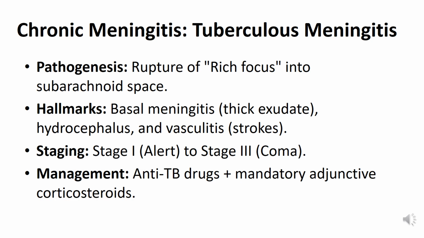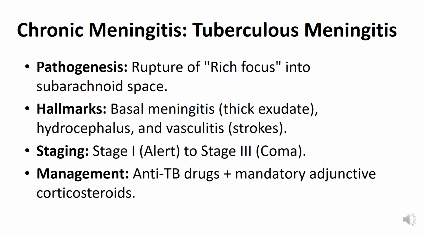Adjunctive corticosteroids are considered mandatory because they reduce excessive inflammation, decrease cerebral edema, and improve survival while lowering the risk of long-term neurological complications. The key message is simple. Think of tuberculous meningitis in any patient with prolonged fever, persistent headache, and gradually worsening neurological symptoms.